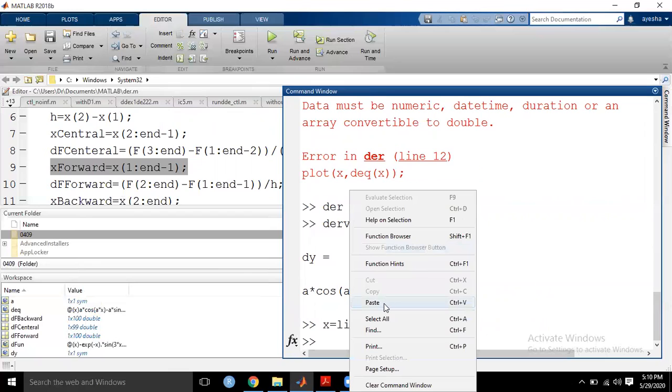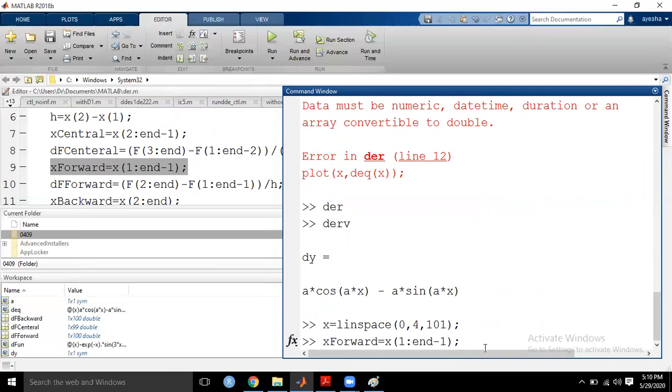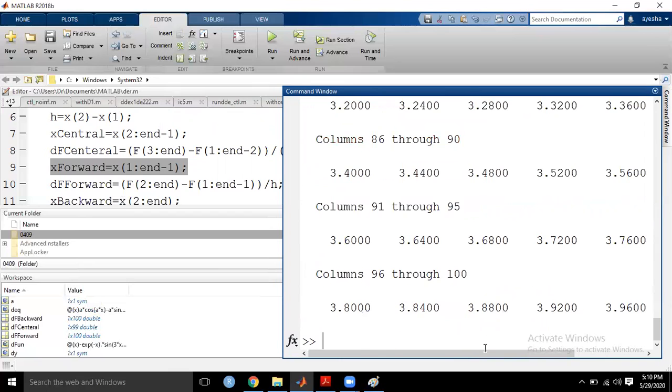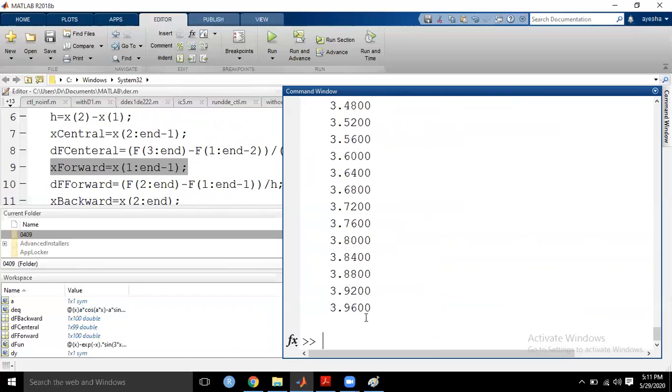I will write it here. I want to see how it looks. So you can see here, students, it is an array and it stops at 3.96. And what was the actual x? If I want to see that, the ending point was 4. So now by this command, I have omitted the last point.